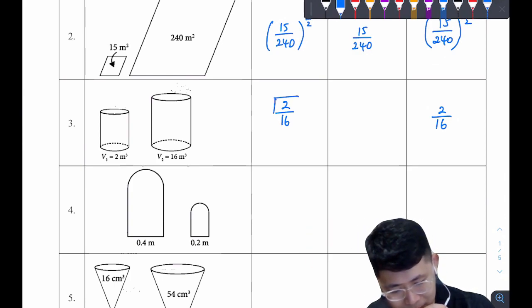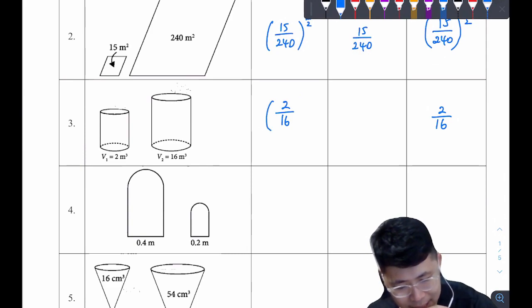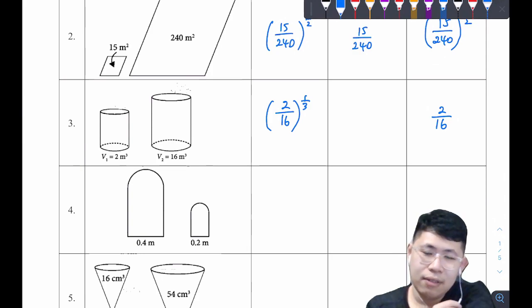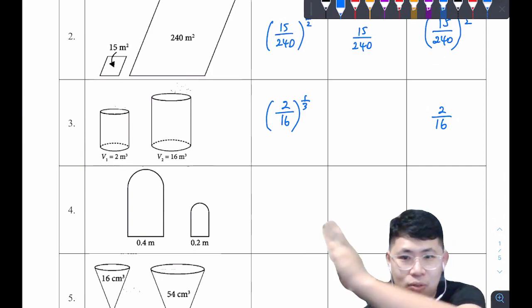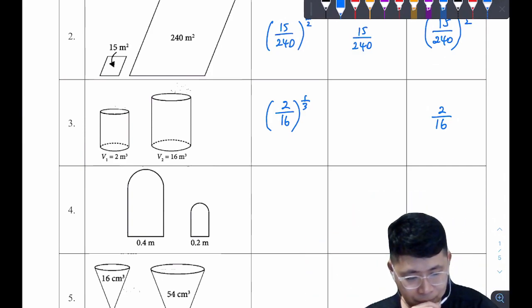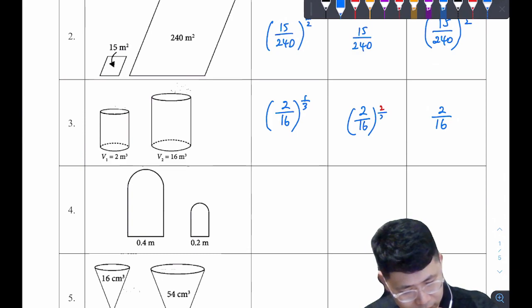By right I need to put a cube root, but I can rewrite this in index form as power 1/3. Remember? How do we get from here to the area? From the length we square to get the area. So over here I have 2 over 16 and I have a power of 2 over 3.